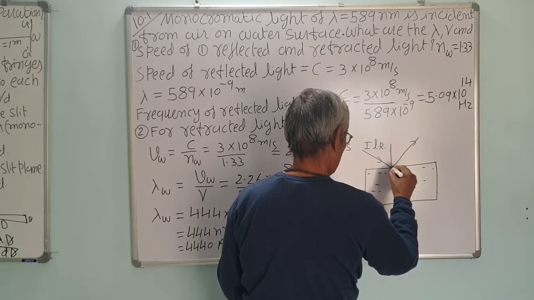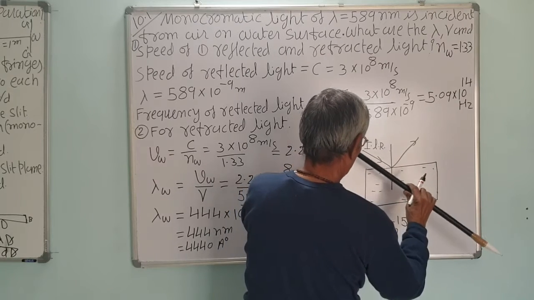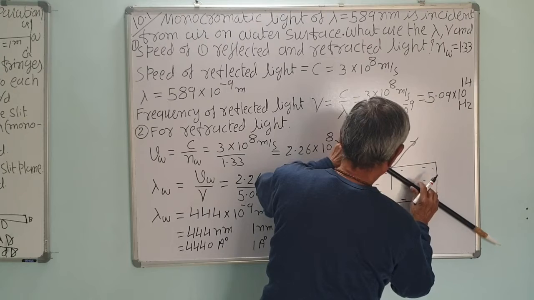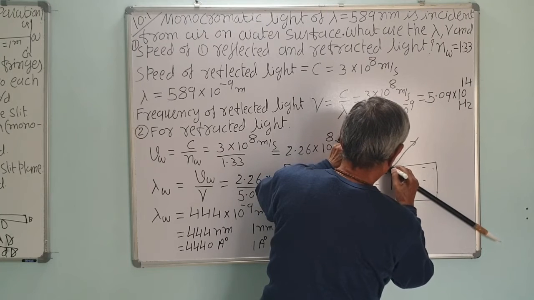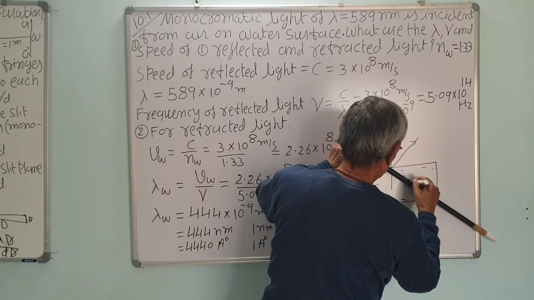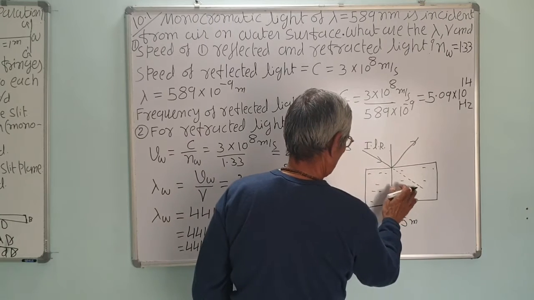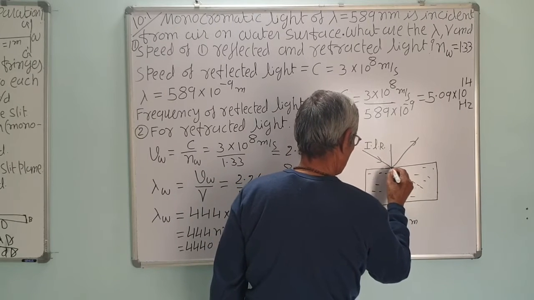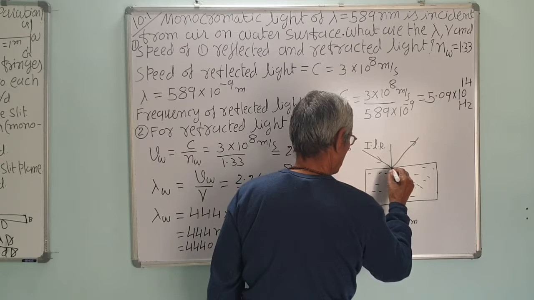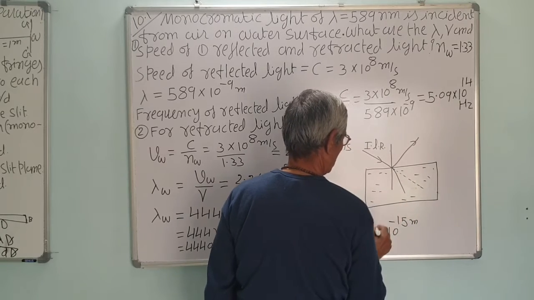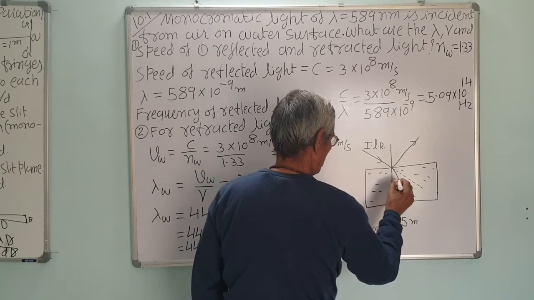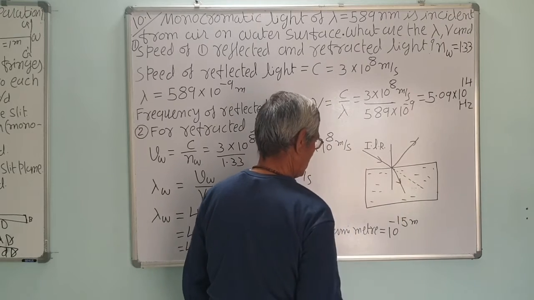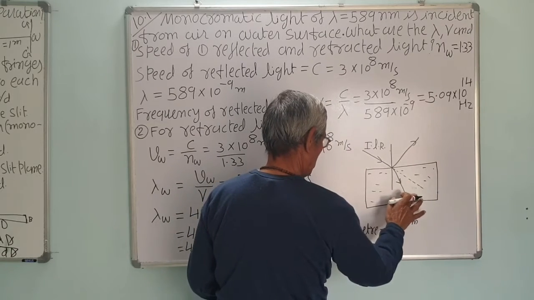Instead of going straight, which it would have done if we had not placed the water, due to the denser medium it will bend towards the normal, correct? So velocity decreases.